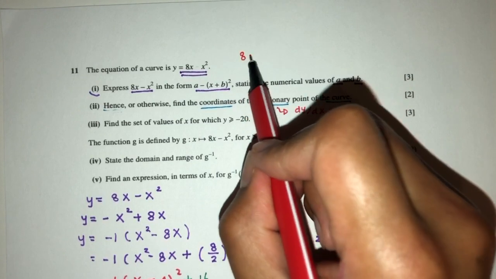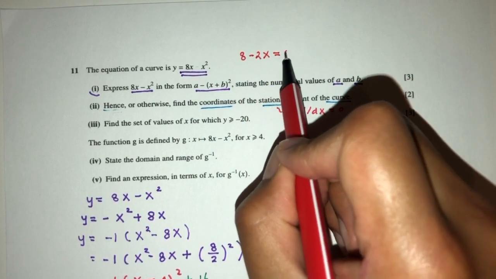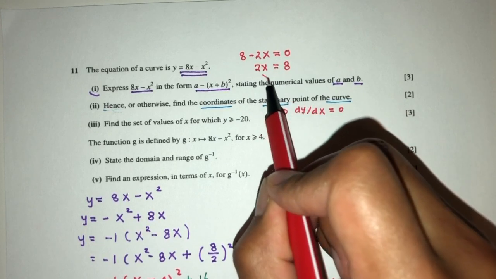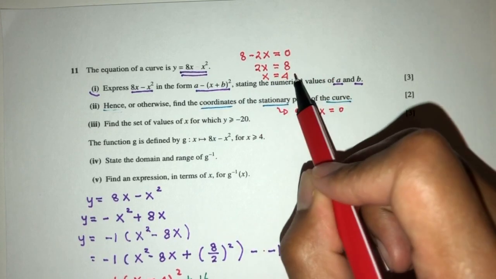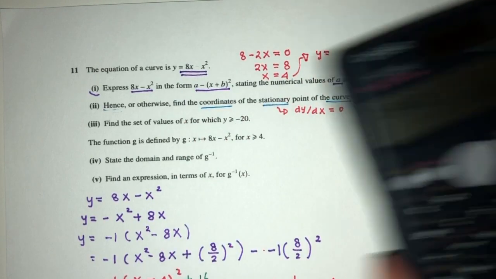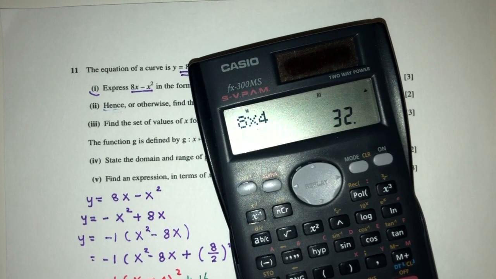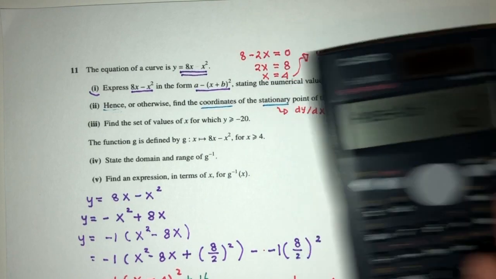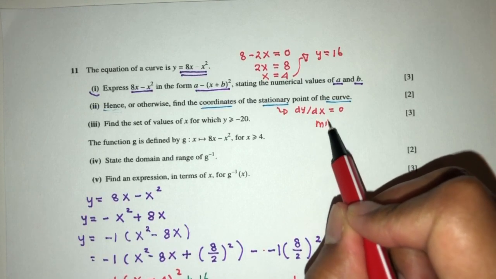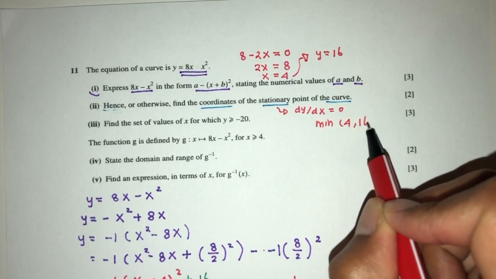That will be 8 minus 2x equals 0, right? So 2x is 8, and x is 4. Now, for x equals 4, y will be 8 times 4, which is 32, minus 16, that will be 16.